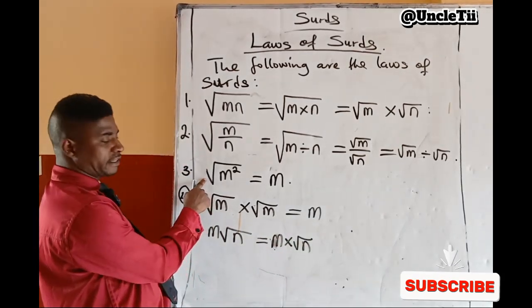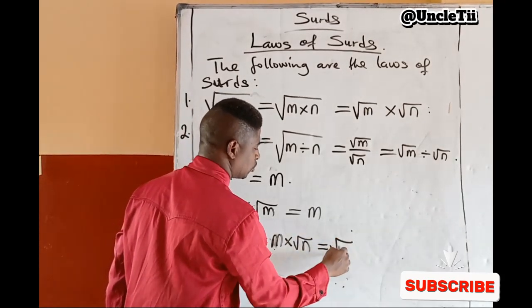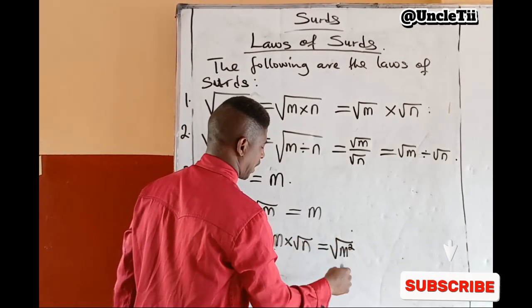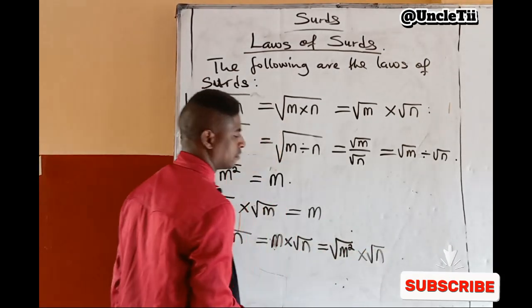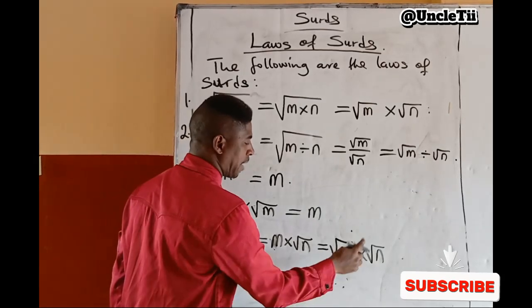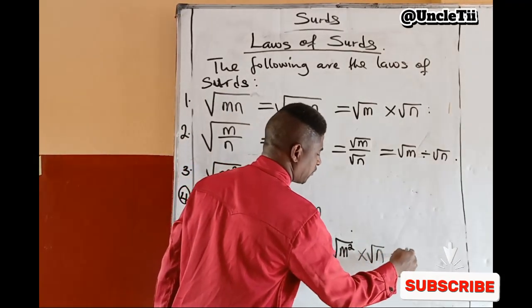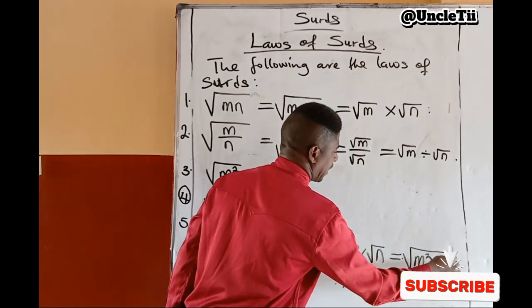Then from law number 3, that m is the same as saying root m square. Then before we have times root n. And from the first law, root m square times root n will give us root m square n.